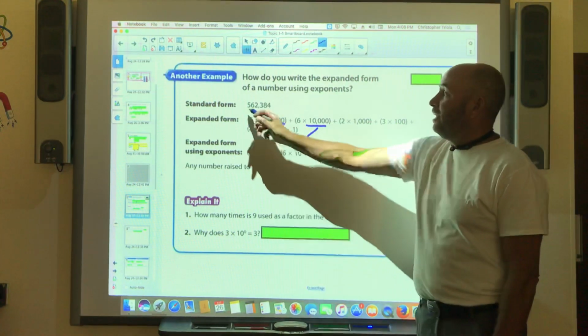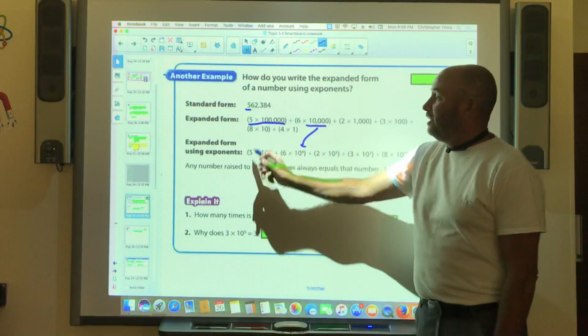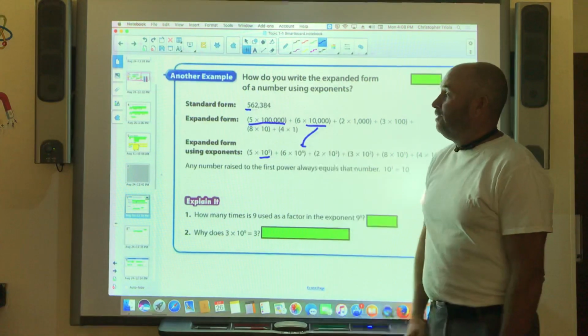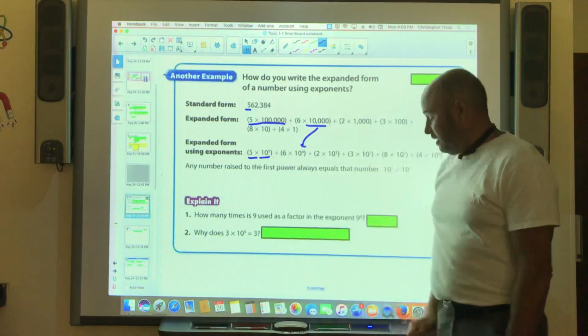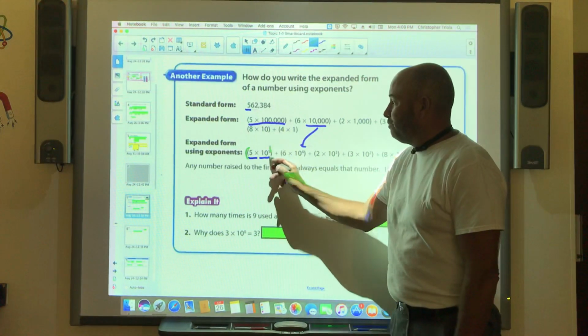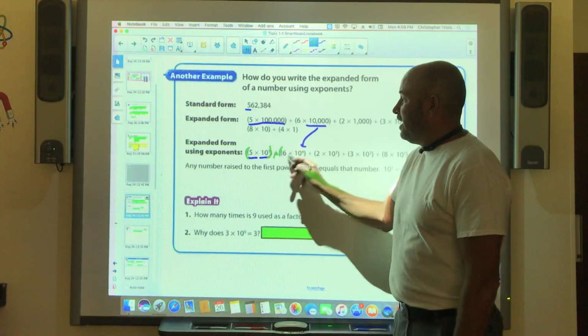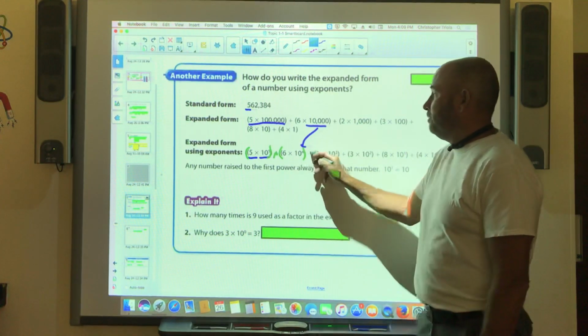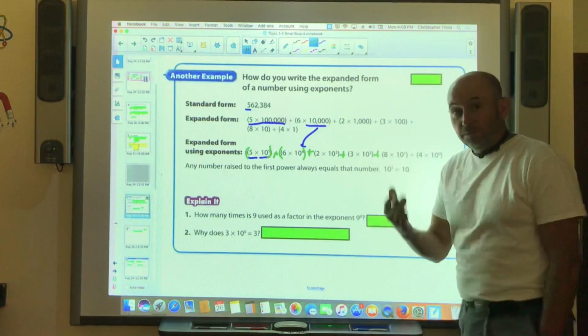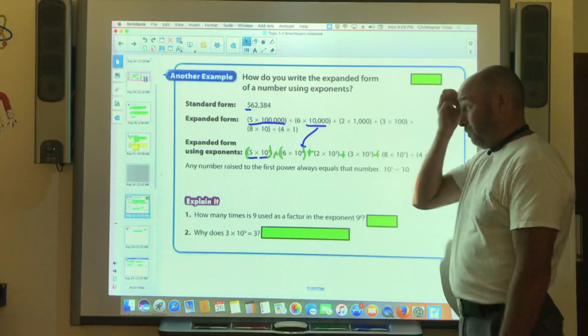And then we have 5 in the 100,000s place. That can be written as 10 to the fifth power because we have 1, 2, 3, 4, 5 zeros. And so once you have the expanded form broken down by place value, you then can add them all up. Okay, so don't forget to put your addition symbols in there in between the multiplication operations.